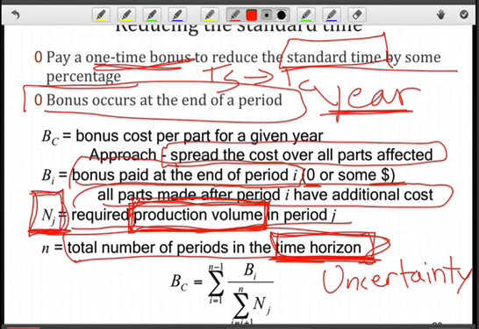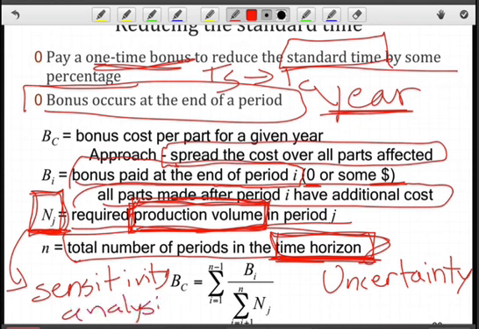If that's the case, then you would want to do some sensitivity analysis in which you vary the value of N sub j and see what effect it has on your overall cost. If it's not significant, then of course we're not going to worry about it.